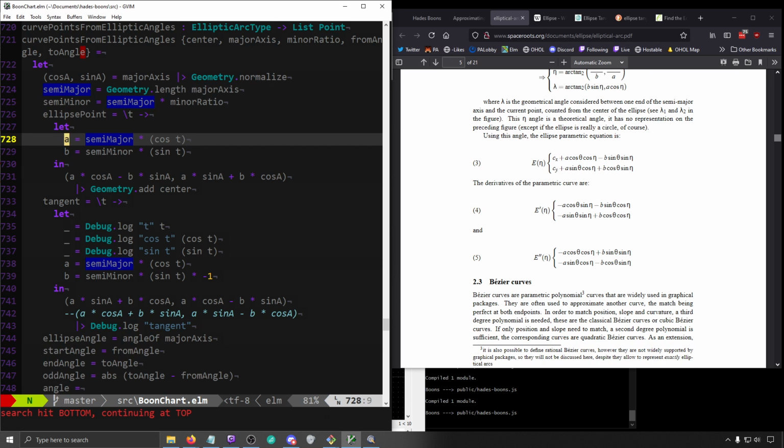Okay, those are going to get straight up inlined. Which I guess they do get inlined a few times. So I called these cos A because it was just of angle.